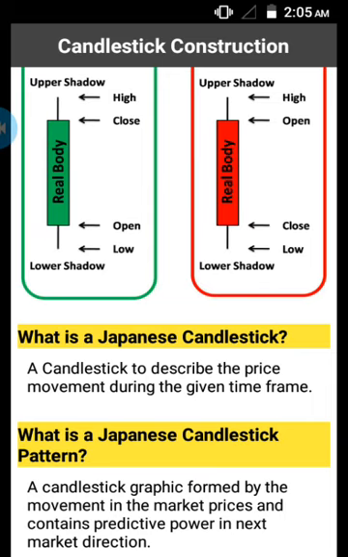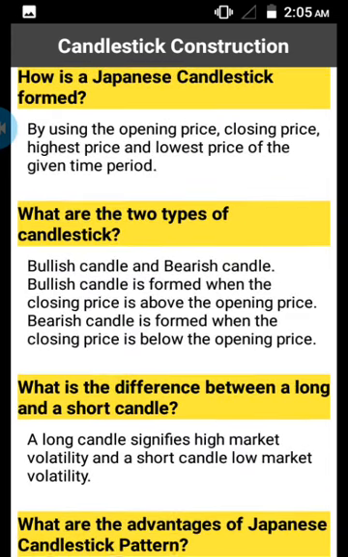A candlestick will tell you whether this particular asset is going up or going down, or whether the price is at the equilibrium level, whereby the price is not up, the price is not down, but the price is just in the middle. Okay, so now let us look at other definitions.